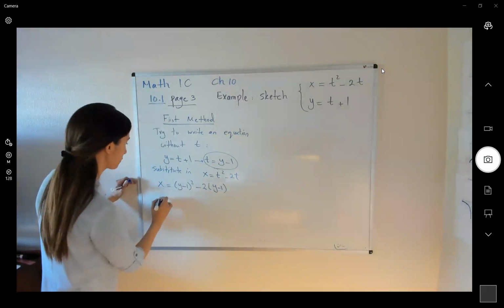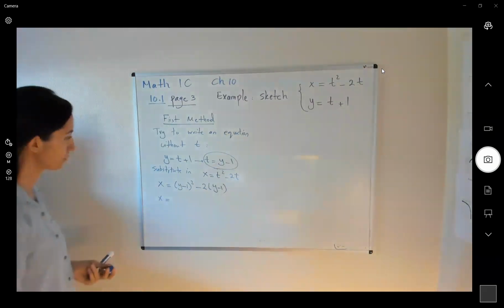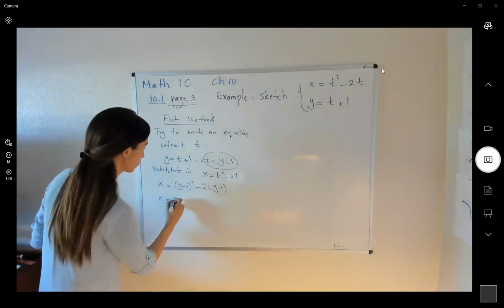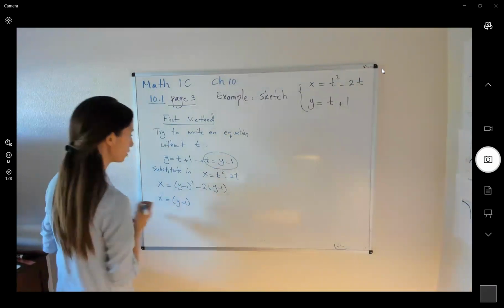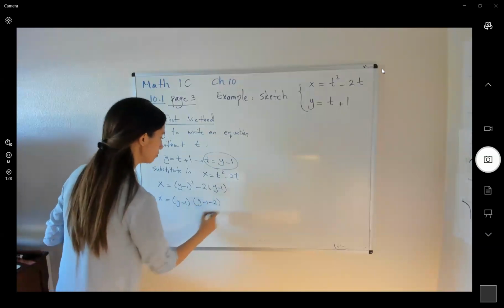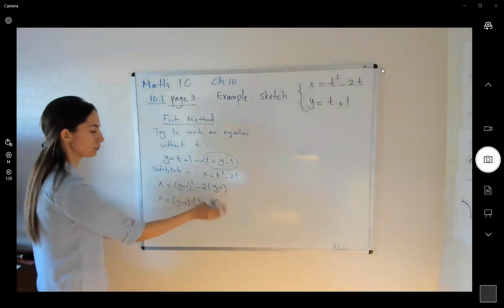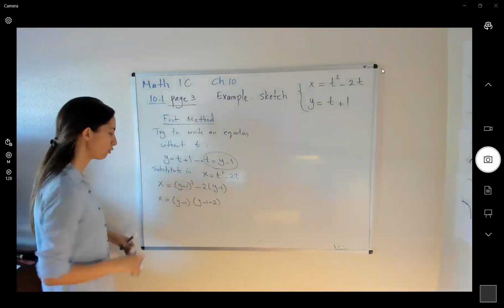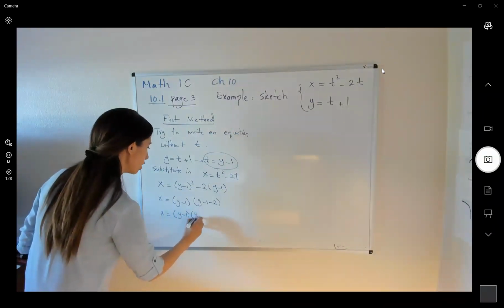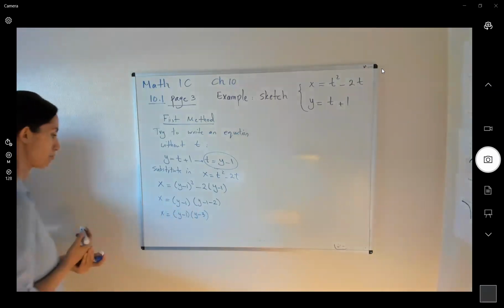I can factor y minus 1, so my x is equal to y minus 1 times y minus 3.